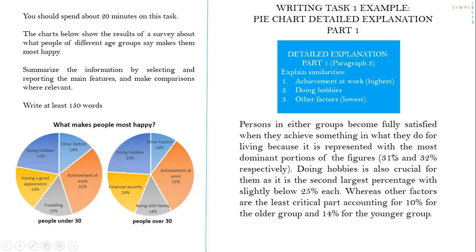So 31% and 32% respectively. So doing hobbies is also crucial for them as it is the second largest percentage with slightly below 25% each.